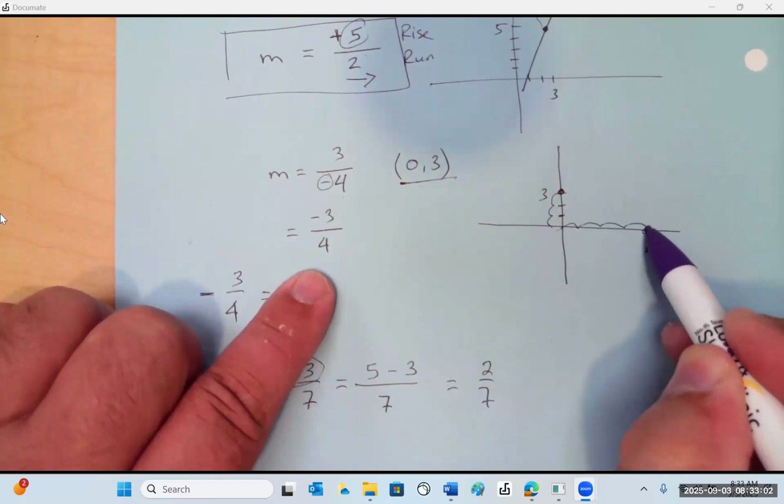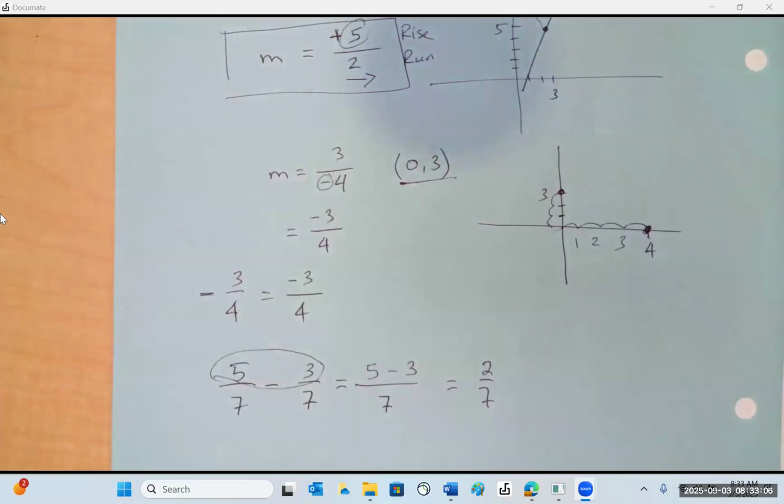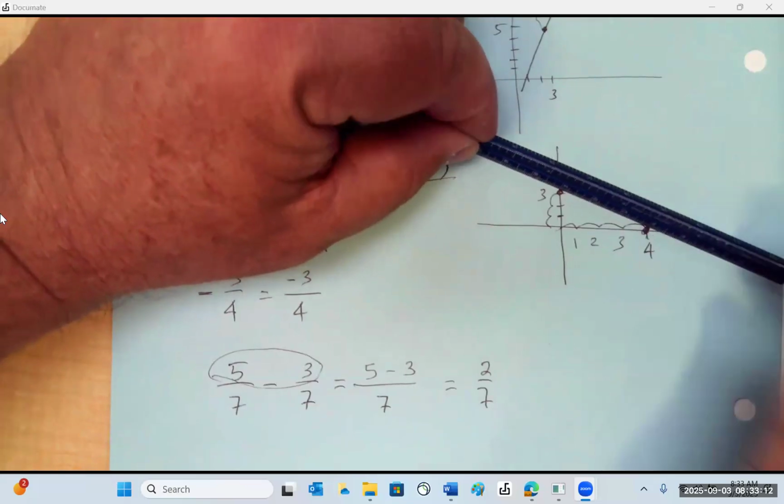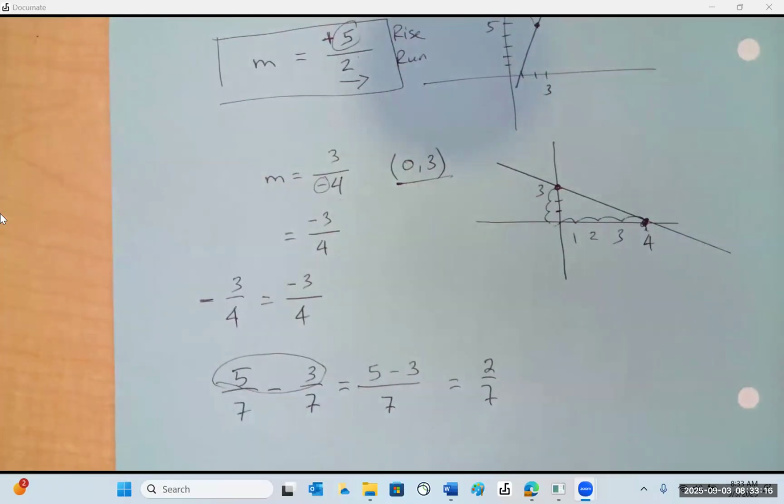And there's our next dot. And there's our graph. So whenever you graph lines, if you have a point and the slope, plot the point, follow the slope from that point, and you're done.